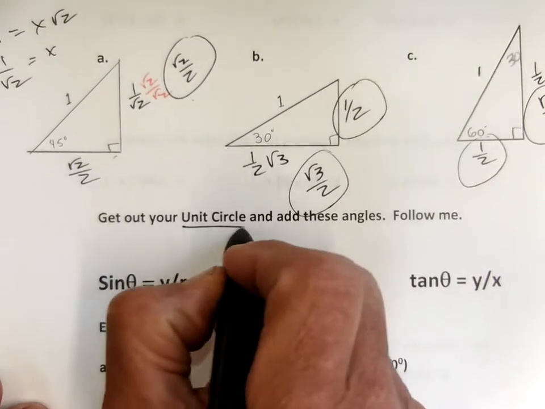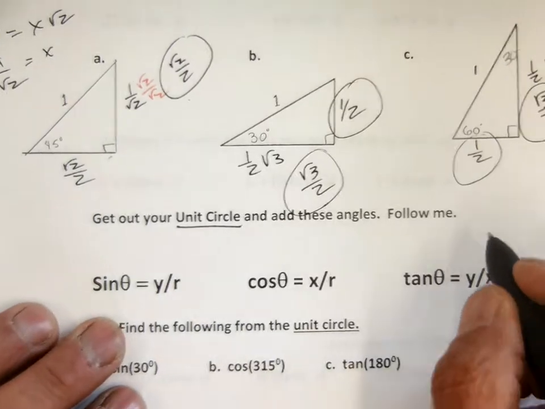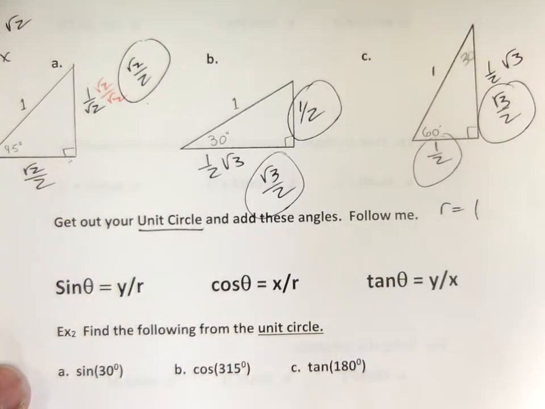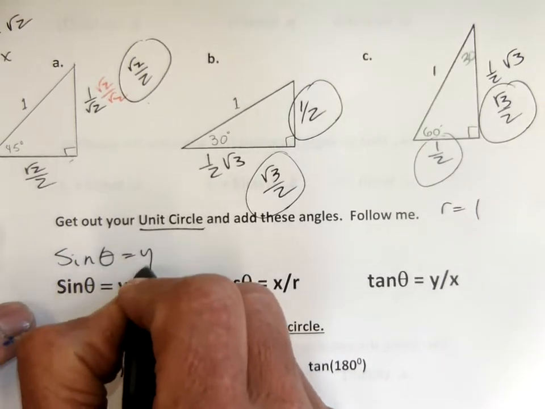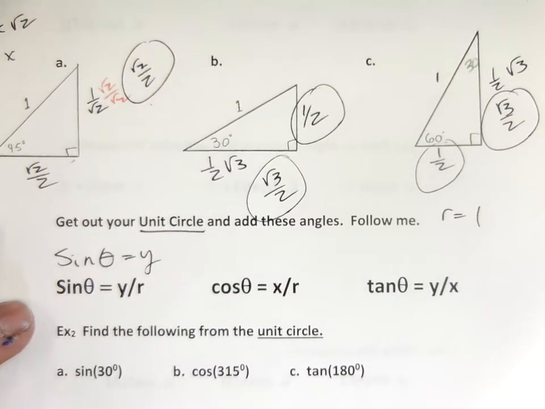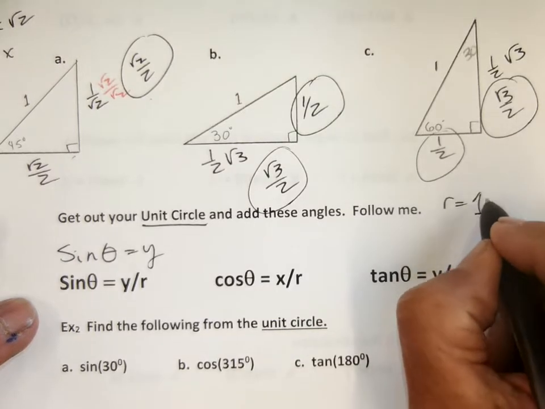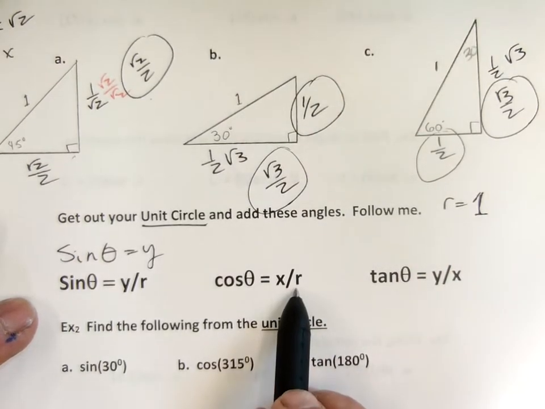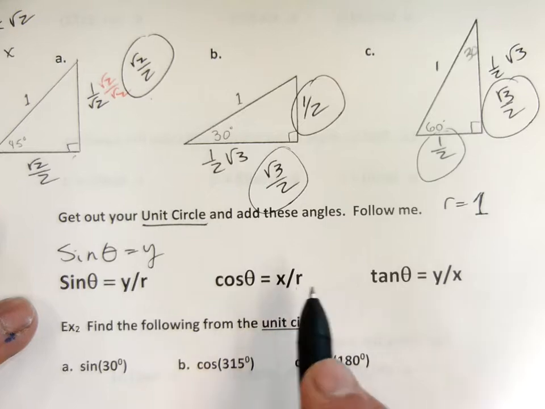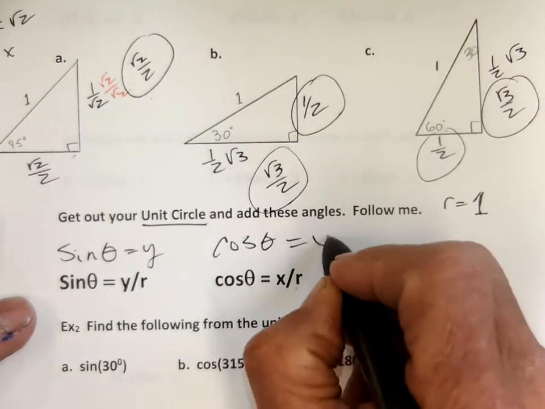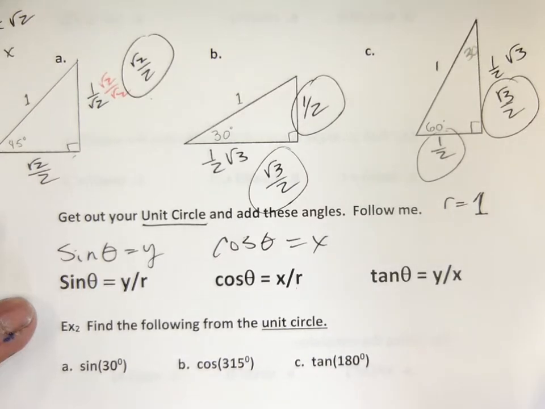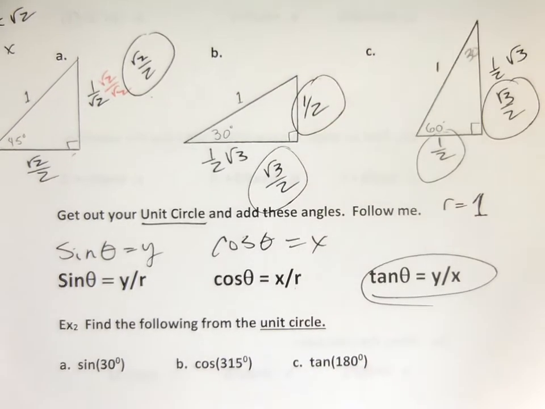On the unit circle, since, again, the radius is 1, sine is just the y value, on the unit circle only, because the unit circle radius is 1. Same thing with cosine. Since the radius is 1, the cosine value is just the x value. Tangent's still going to be the y over the x, okay?